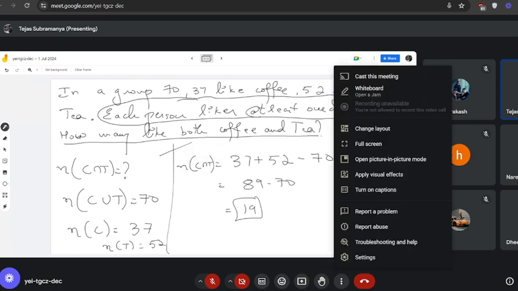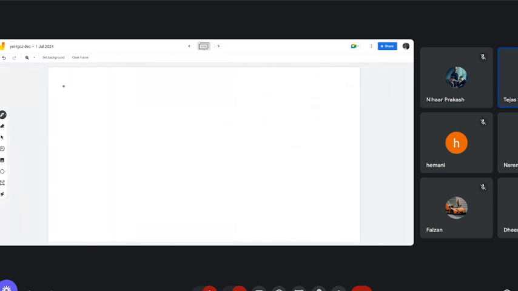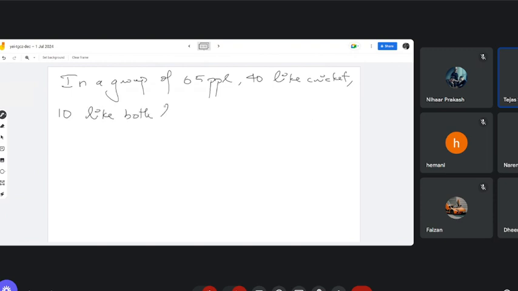I'll give one small homework question. Homework in the sense you will do it after the class only, because tomorrow and all you won't do it. That's why. Copy. Next question. In a group of 65 people, 40 like cricket. 10 like both tennis and cricket.